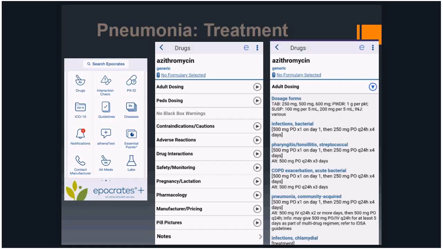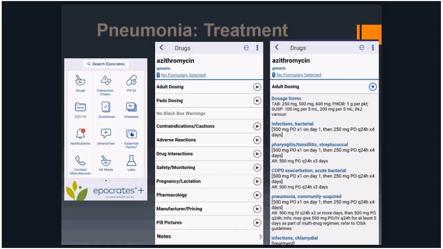Even with the free version, you have access to medication information so that you can look up dosing, contraindications or cautions, and adverse reactions. It gives you the most common things that you need to discuss or inform your patient about, as well as some of the more serious side effects that they would need to monitor for. It also lets you know any major drug interactions, safety issues, and pharmacology.